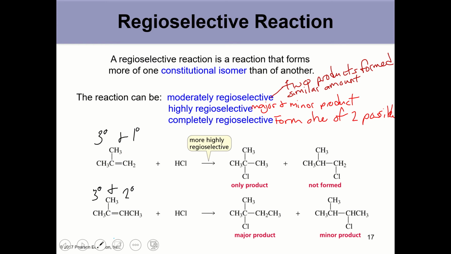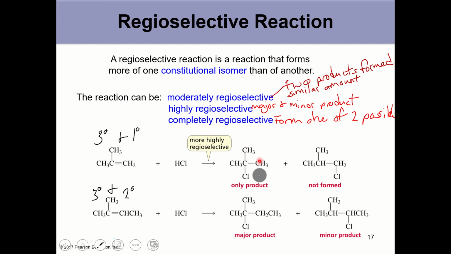Okay, so let's look at some examples. When our starting material can result in either a tertiary or a primary cation, this reaction will be highly regioselective because primary cations are quite unstable. And so the product of a primary cation will not be formed.